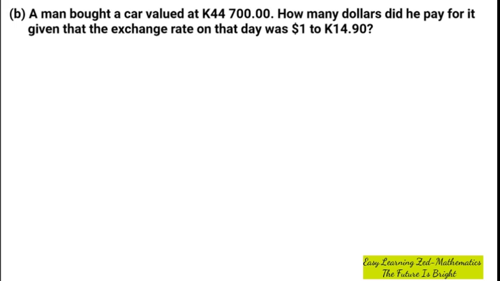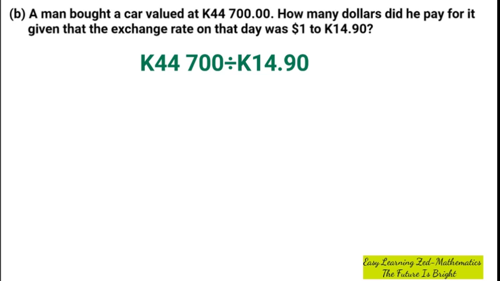To solve this question, we need to get how much the car was valued at in kwacha. So it was valued at 44,700 kwacha. Then we divide by the exchange rate, which is 14 kwacha 90 ngwe.